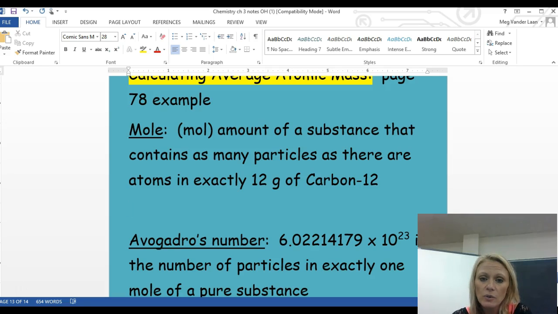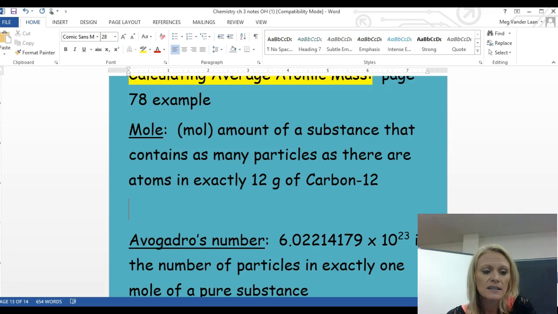So carbon-12 is 12 atomic mass units, and they took those 12 grams and they counted those out, not exactly, but they have an idea of how many particles are in this 12 grams of carbon-12, and they call that a mole. So if I have 12 grams of carbon, I have a mole of that substance.